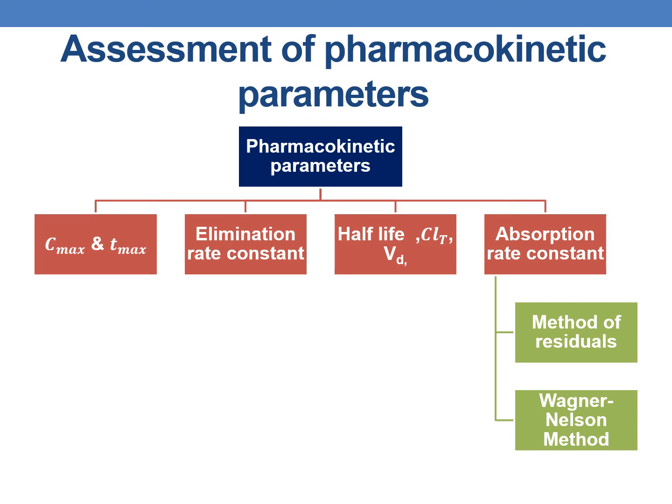In the current session we will discuss the assessment of all these pharmacokinetic parameters: Cmax and Tmax, the maximum concentration and the time required to reach maximum concentration, elimination rate constant Ke, half-life T half, total clearance and volume of distribution, and absorption rate constant Ka. Absorption rate constant is determined by two methods, method of residuals and Wagner-Nelson method. Both the methods will be discussed now.